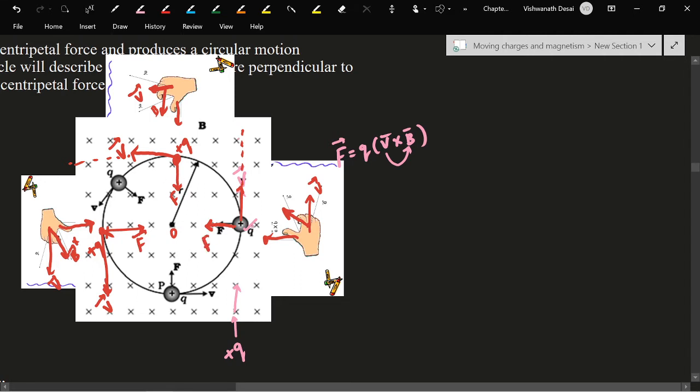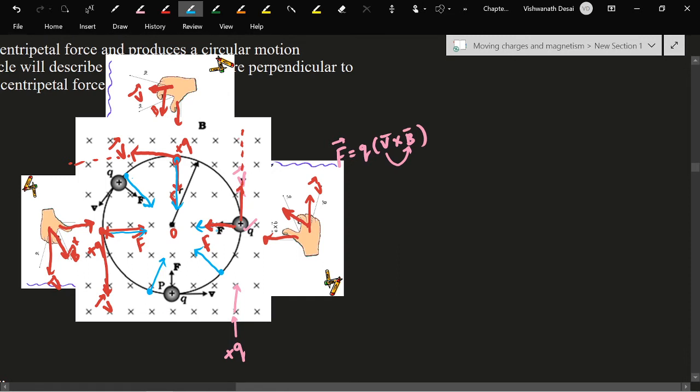When the charged particle was here, the thumb was pointing this side. When it was here, the thumb was pointing in this direction. Similarly, at each of these positions, the thumb points in the direction shown.